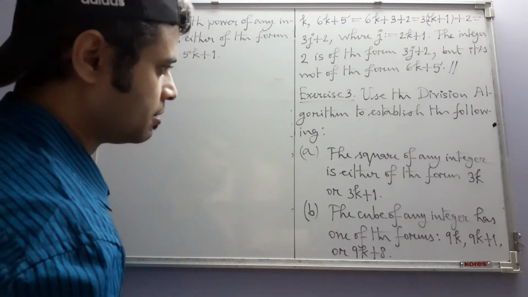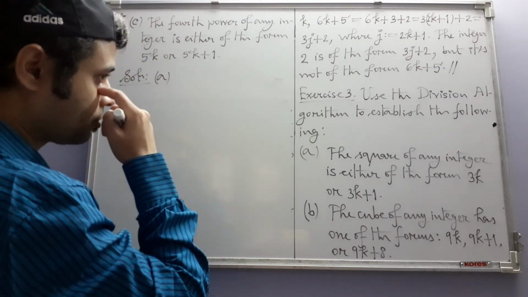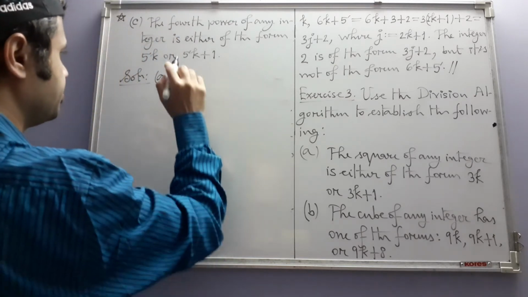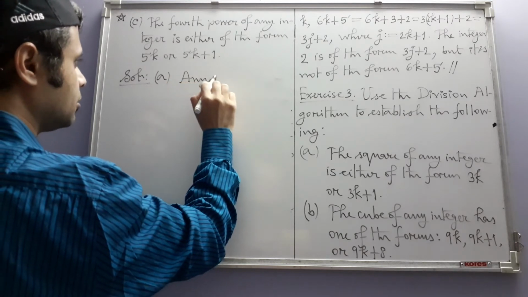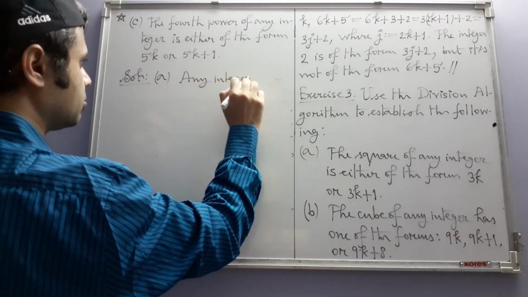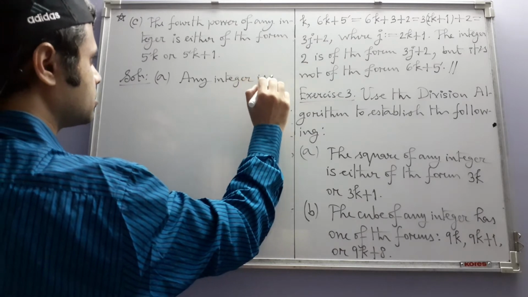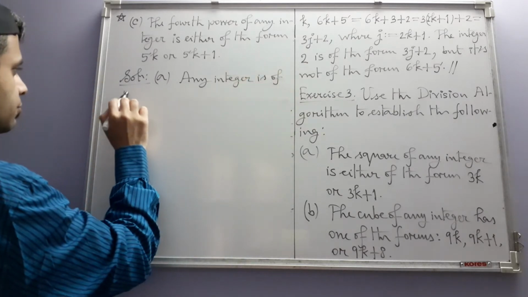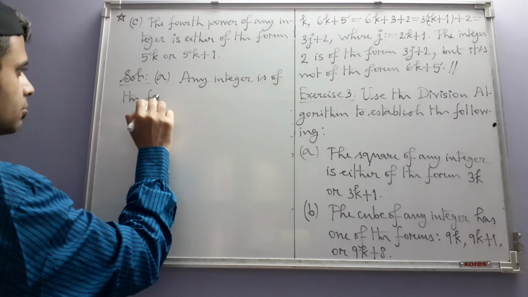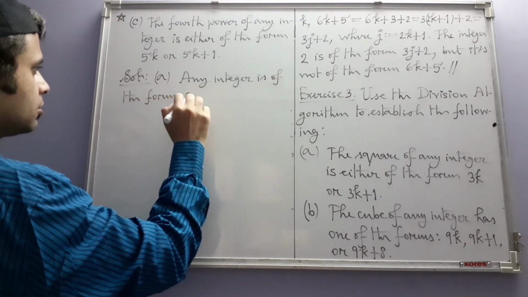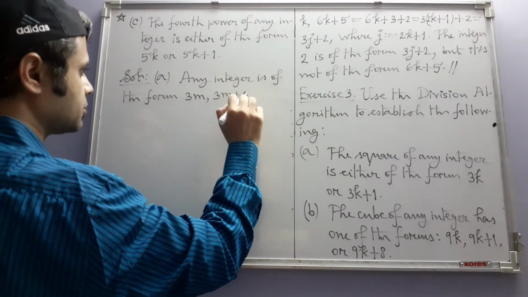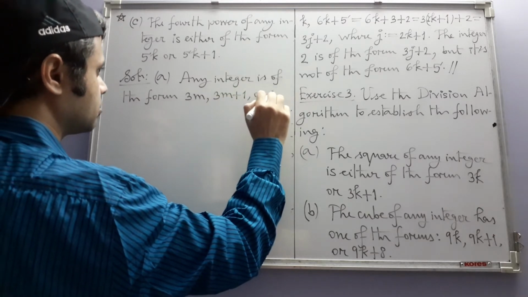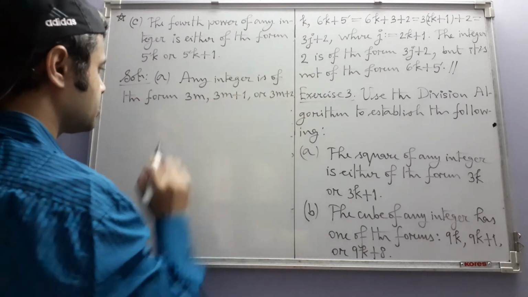A: square of any integer. Any integer is of the form 3m or 3m plus 1 or 3m plus 2.